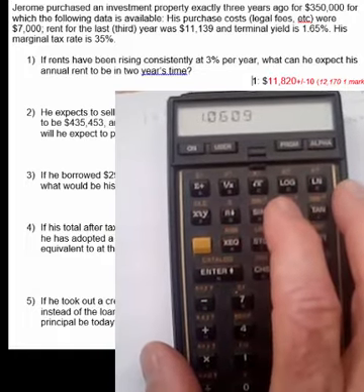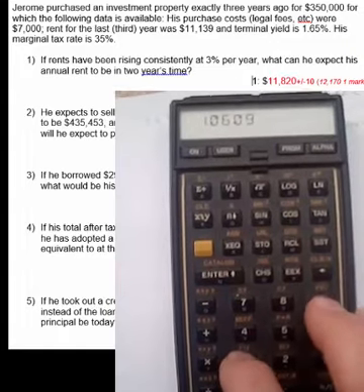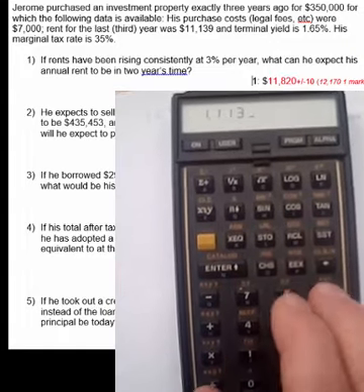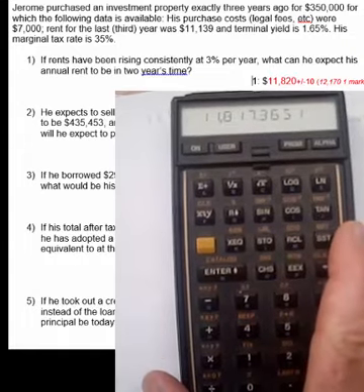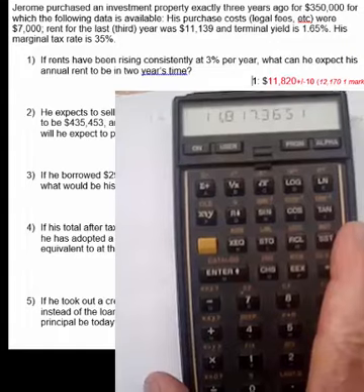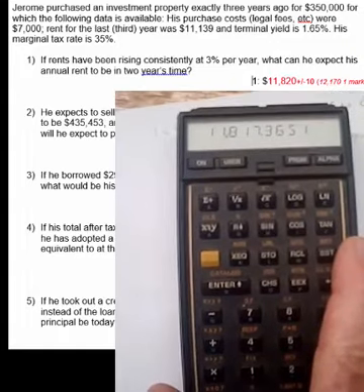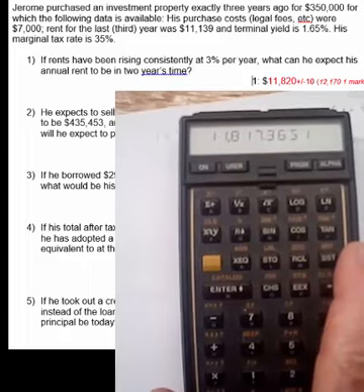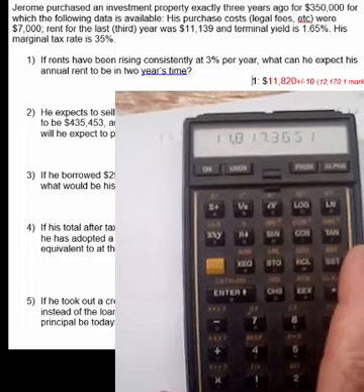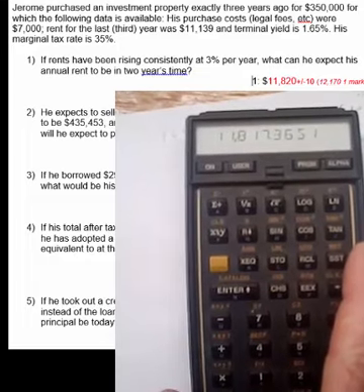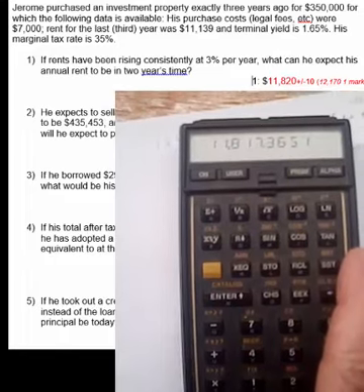That becomes 1.06. I multiply 1.06 by the present rent, which is 11139. That gives me 11817. You'll notice that the solution that was actually given full marks was anywhere plus or minus $10 of 11820, and that was to account for rounding errors because I'm looking for the method more than ultra digit precision.